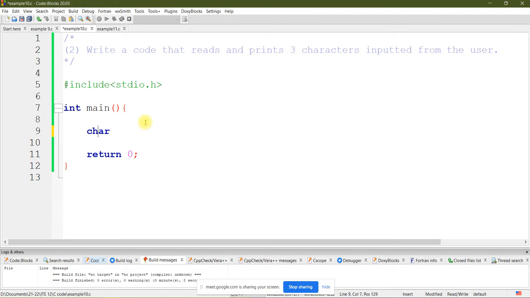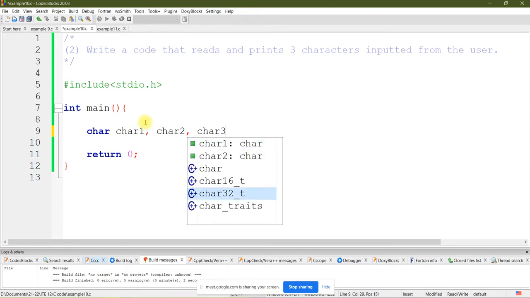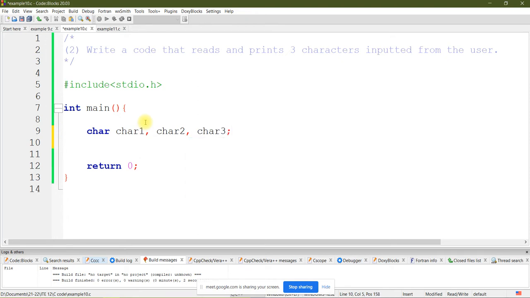For example, char is for the data type. Main is the name of the function, the first function to be read. Return is a directive to exit the code. So you can't use these as variable names, which is why they are colored. But if, for example, you want to use them with extra letters or numbers, it is okay as long as it is not exactly the same.